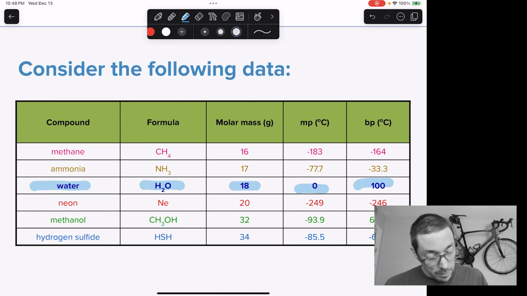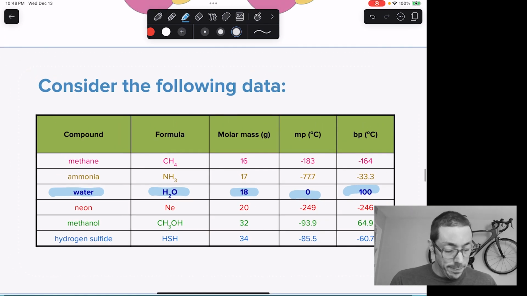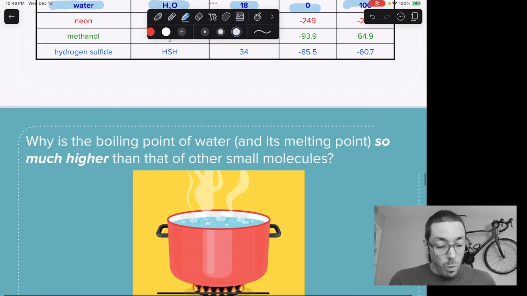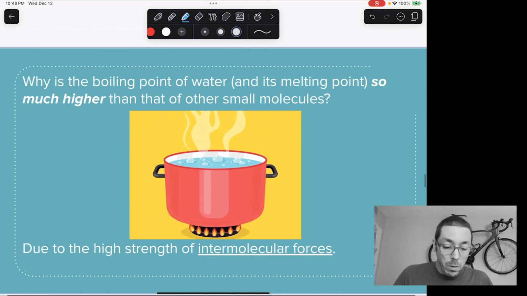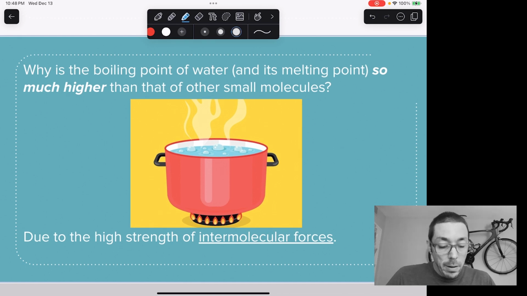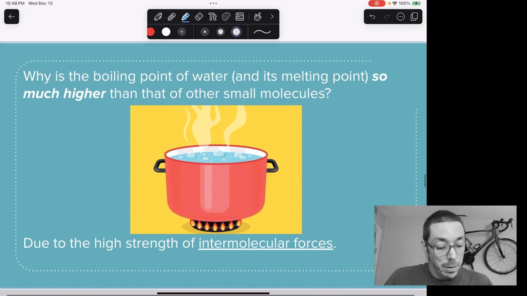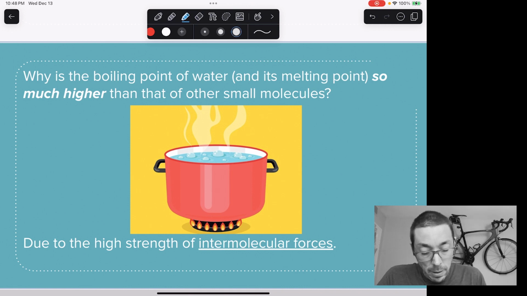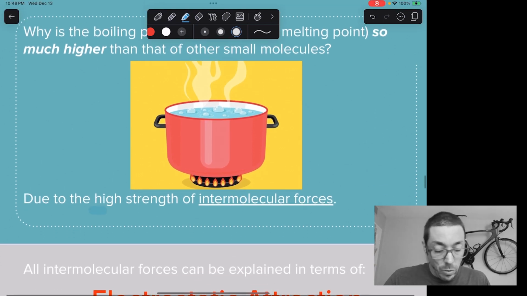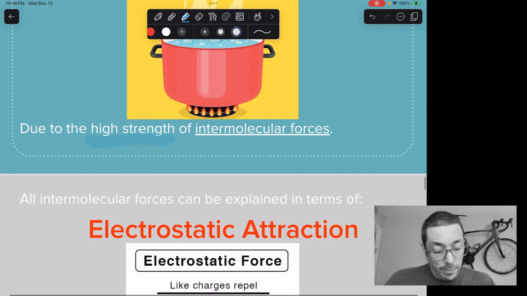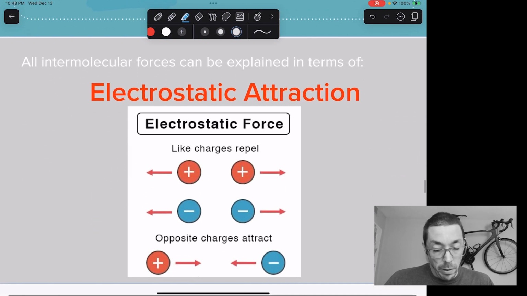So why is that? We're going to explain why that is. Why is the boiling point of water and its melting point so much higher than the boiling and melting points of other small molecules that are close in size to water? Well, it's due to the very high strength of the intermolecular forces in water. So, a little bit of physics here for you.